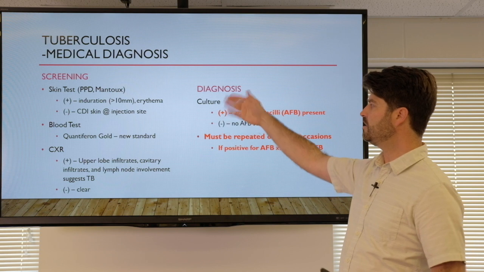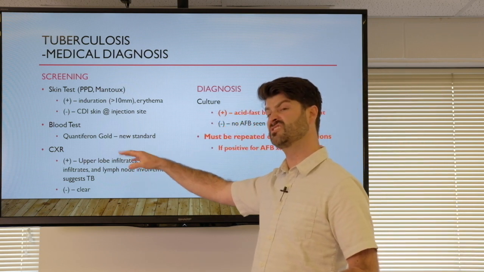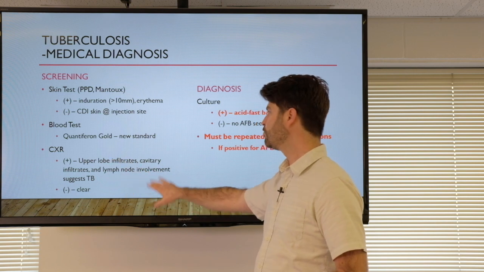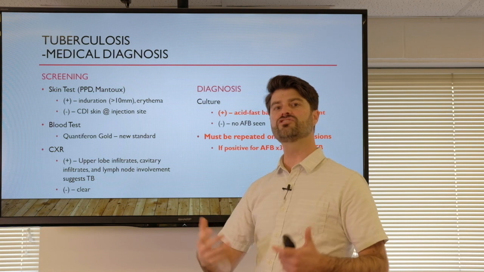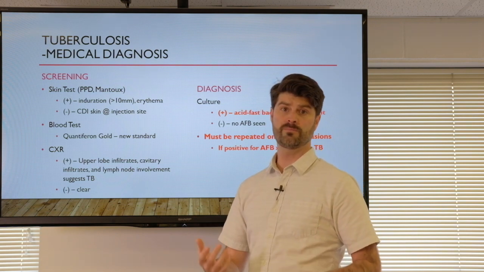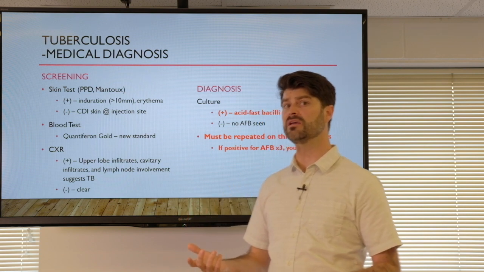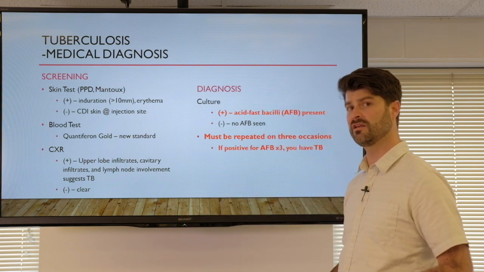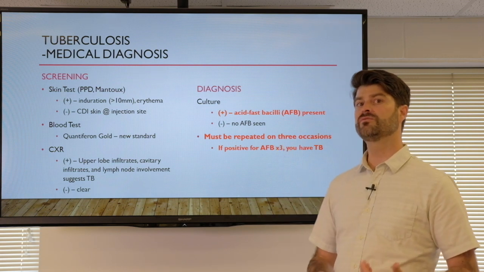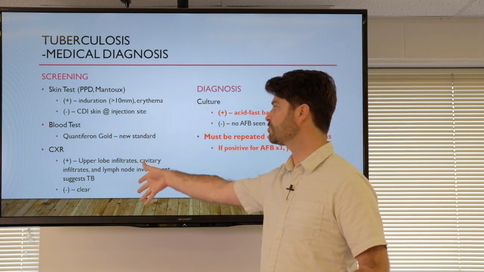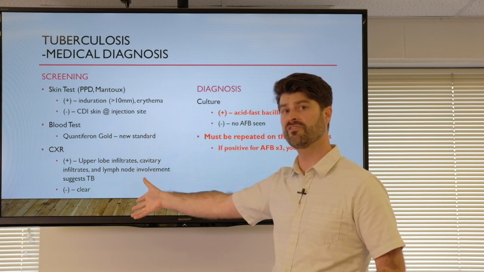And then if either one of those screenings tests positive, then we do a chest x-ray as our second tier of screening, where we're looking for the actual loculated sections within the lung that are going to tip us off that this patient may have either active or latent TB. We will see those loculated areas on x-ray. Most patients we're not going to be doing screening on; a lot of this is for healthcare providers.